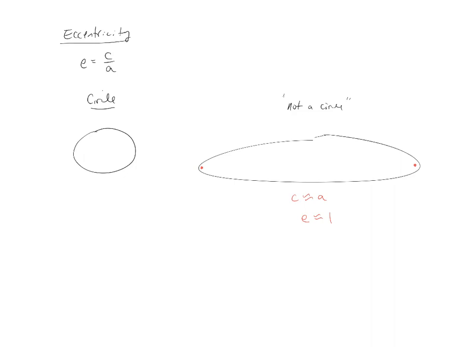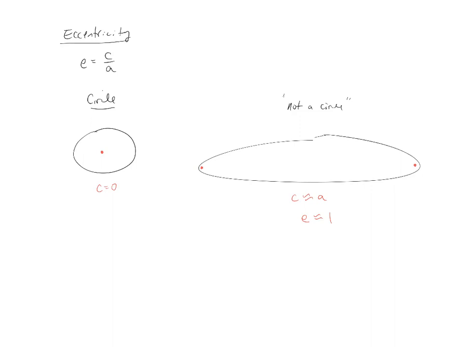Now for a circle, the foci are actually right at the center. If you think of light bouncing around in that circle, it's going to hit that focus right there in the center. So if the foci are in the center, then that means that c is equal to 0. The distance from the center to the foci would be 0.